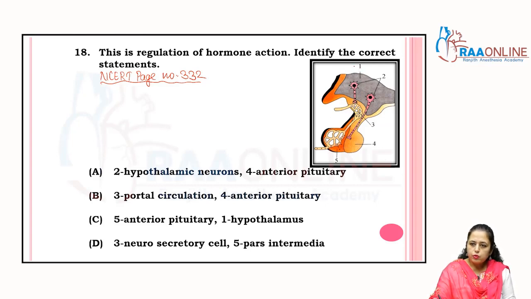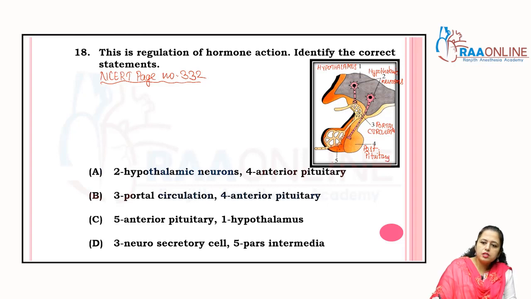The first one is the hypothalamus, the second is the hypothalamic neurons, the third is the portal circulation, the fourth one is the posterior pituitary, and the fifth one is the anterior pituitary.